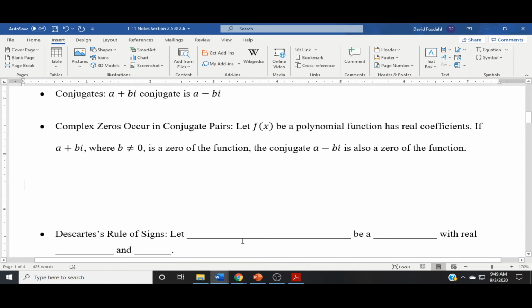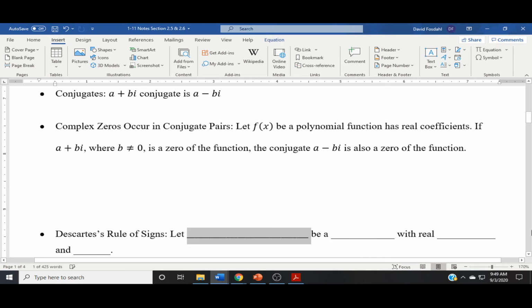Okay, Descartes' rule of signs. There's back to polynomials. We're going to fix that. Okay.